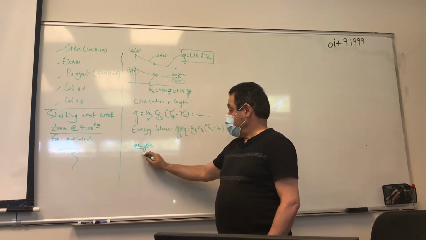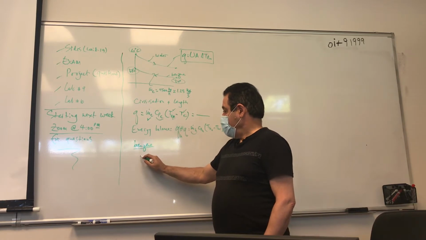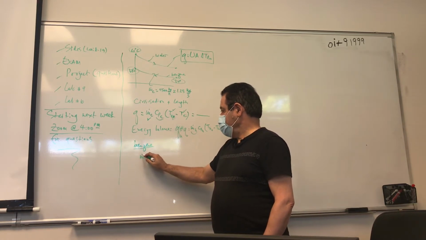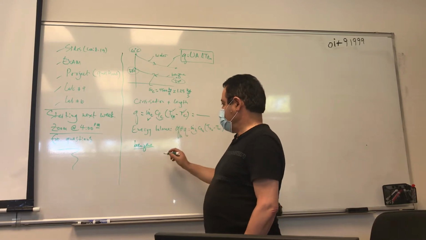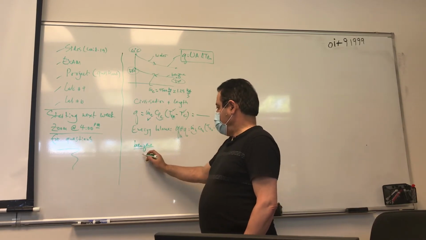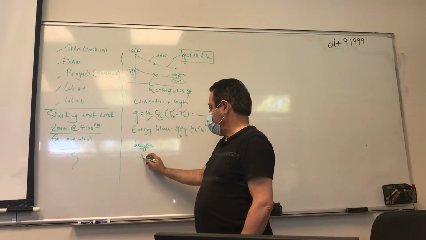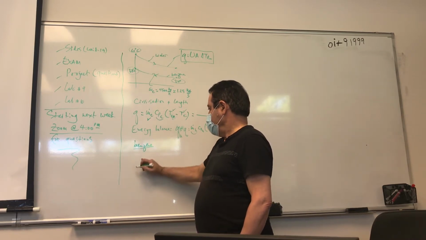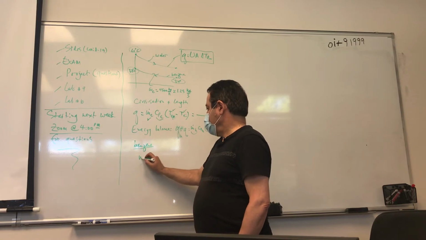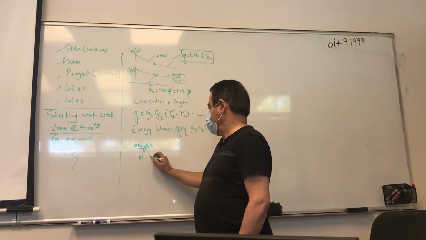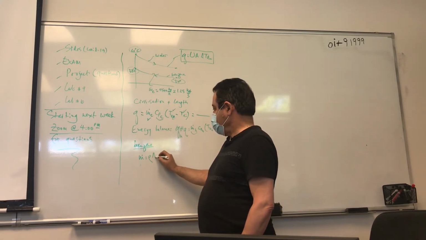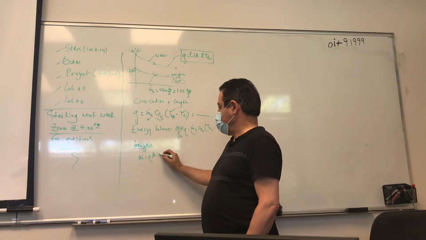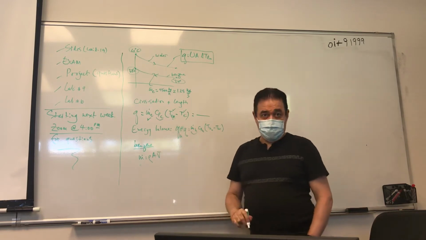But you know that m dot is equal to rho times the cross-sectional area times the average velocity.